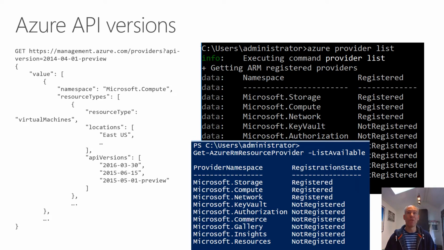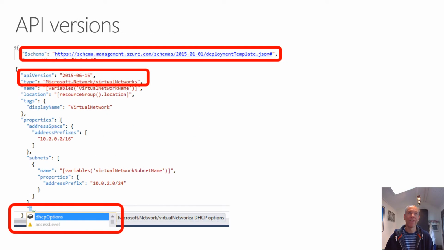In this example, you can see that there are API versions numbered by date available in Azure. In the API version section there, you can see there's a 2016-03-30 API version for this virtual machine section of an ARM template. You need to specify the API version in your ARM template.